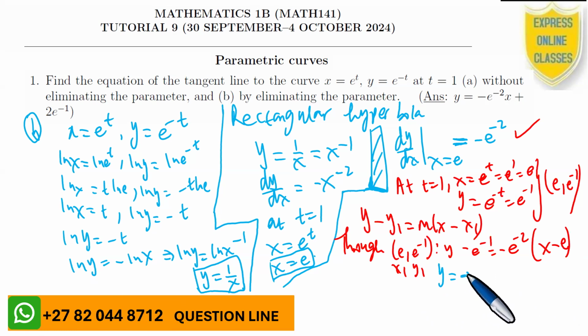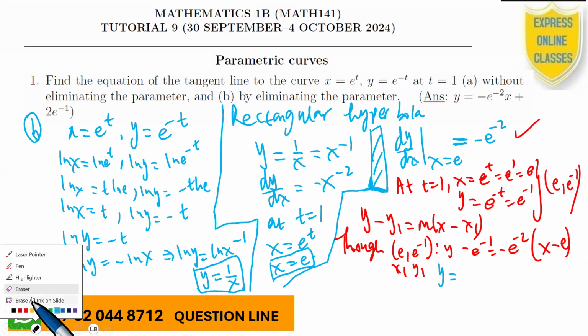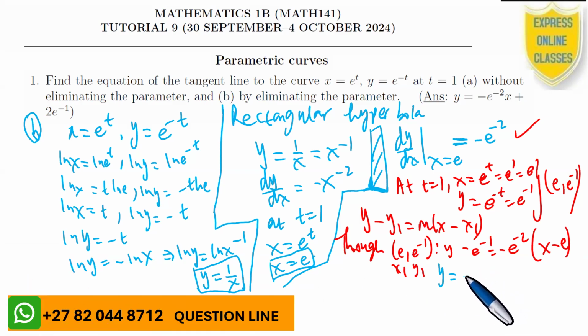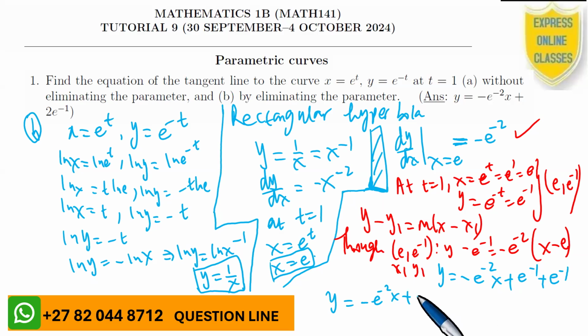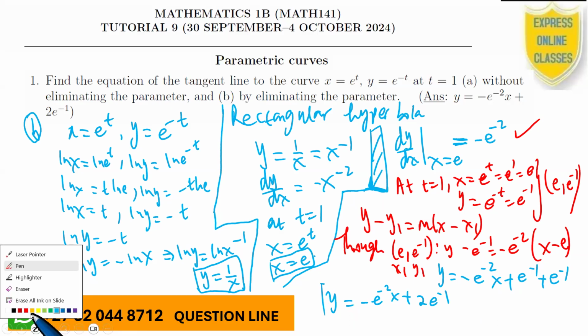So this one, when we transpose, becomes plus e to the minus 1, giving us y equals minus e to the minus 2 x plus 2e to the minus 1. So this becomes the answer.